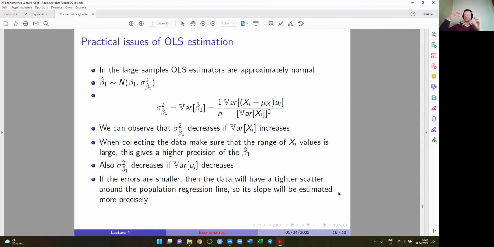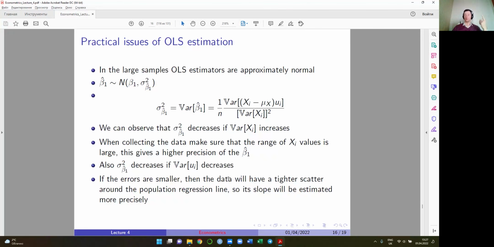If this scatter plot looks like some ellipse, or is at least somehow tightly distributed around the line, then the precision of our estimation is going to be good enough. So these are two practical implications of why we are talking about this sigma squared of beta 1 hat.